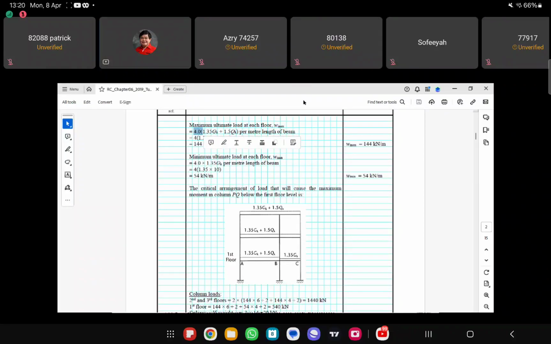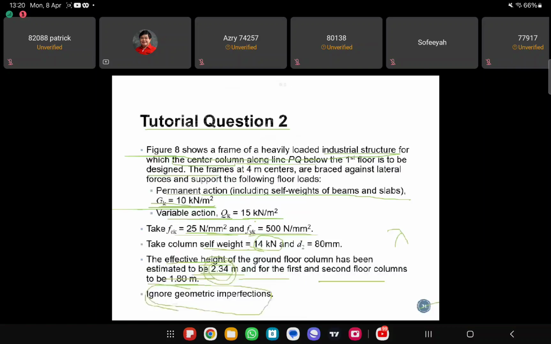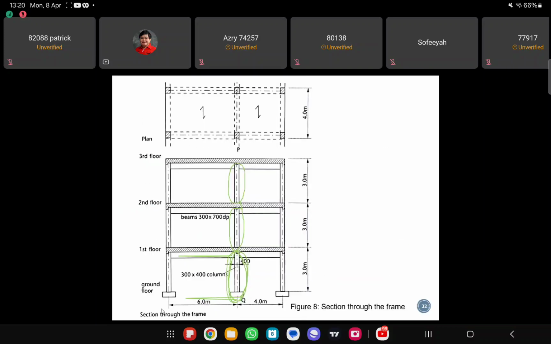This 4 comes from here, because this is 4 meter. If our column is here, this is a plan view already, so you look at the plan view.